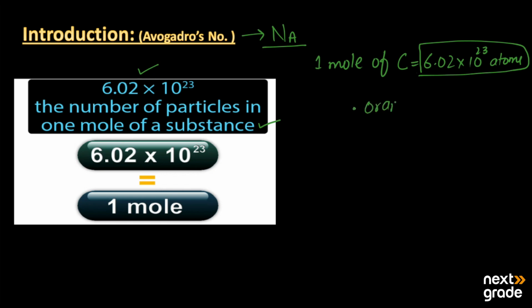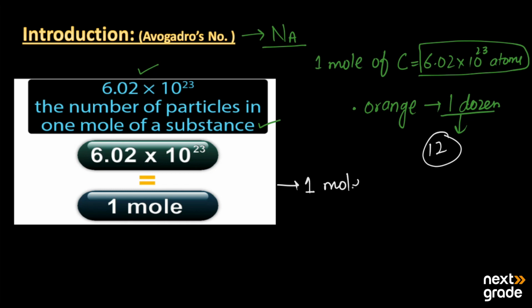Likewise, if we have 1 dozen of eggs, or 1 dozen of oranges, its amount is 1 dozen. We all know that 1 dozen of oranges contains a total of 12. Likewise, for chemical calculations, if we have chemical substances, its amount is equal to 1 mole, and these particles may be atoms, ions, or molecules.